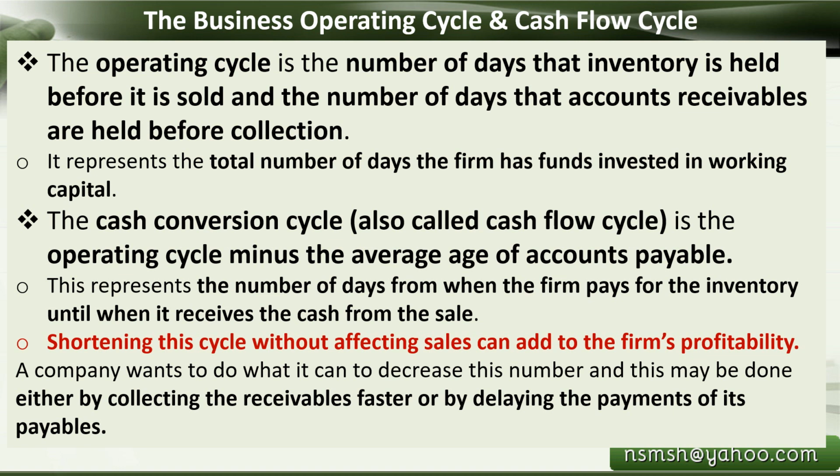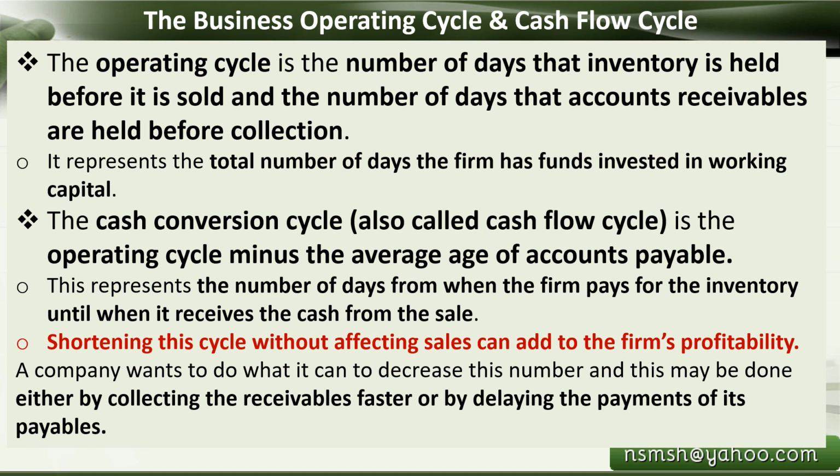That is why the cash cycle is comprised of the operating cycle, which is the inventory as well as the accounts receivable held before collection, minus the disbursement of cash, that is the average age of accounts payable. So this is how the cash cycle is computed. This represents the number of days from when the firm pays for the inventory until when it receives the cash from the sale.